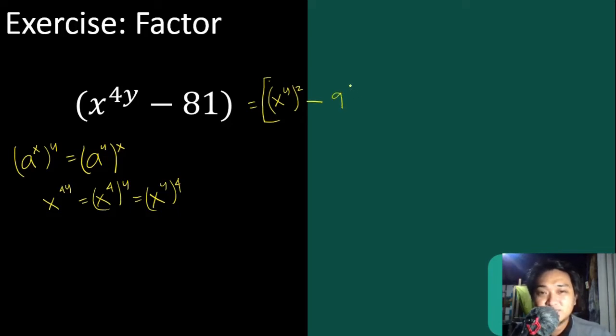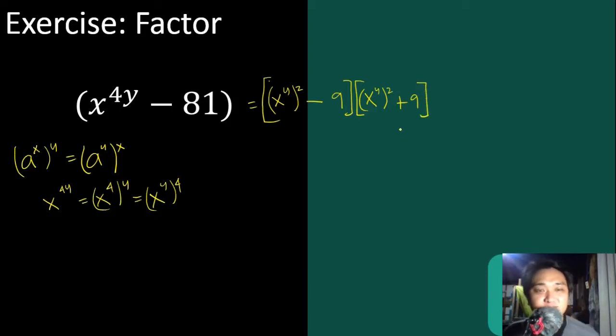So, 9 times x raised to y raised to another power of 2 plus 9. Yan. Now, meron bang paraan? Mas madaling paraan ba dyan para ma-evaluate natin yung factor? Meron.